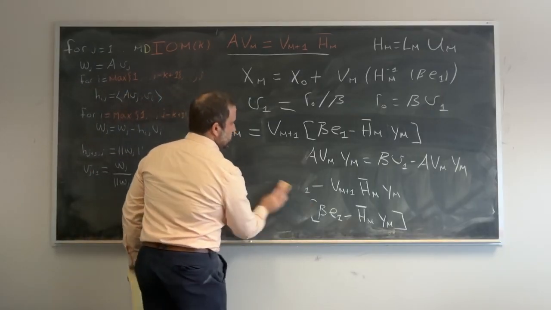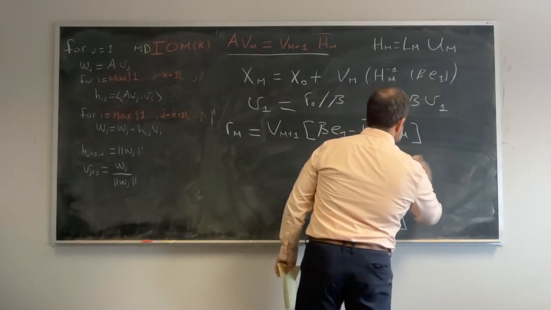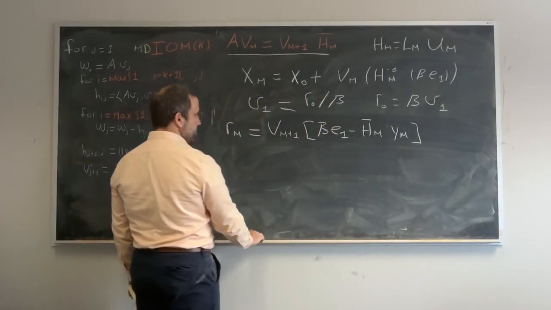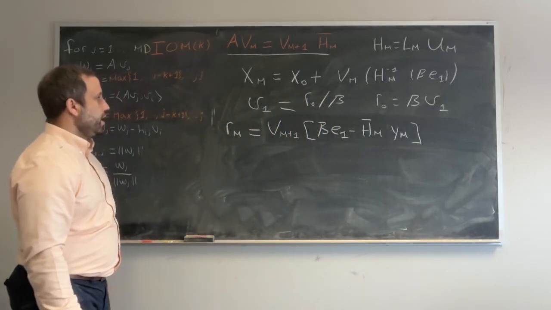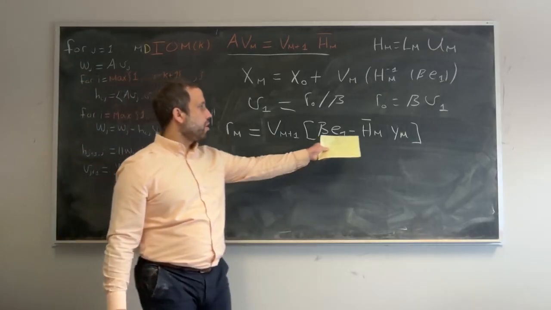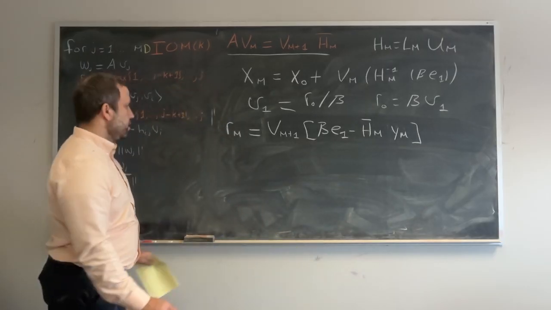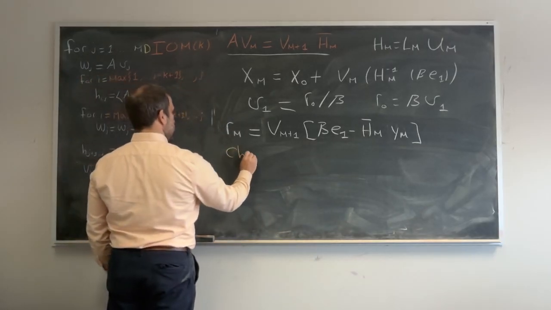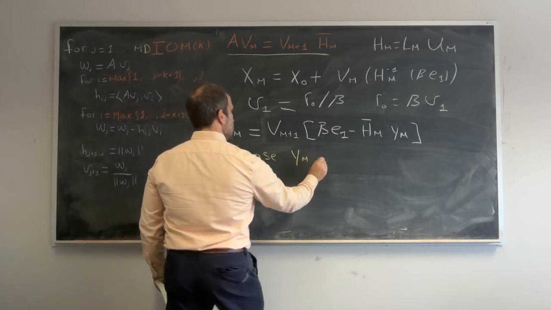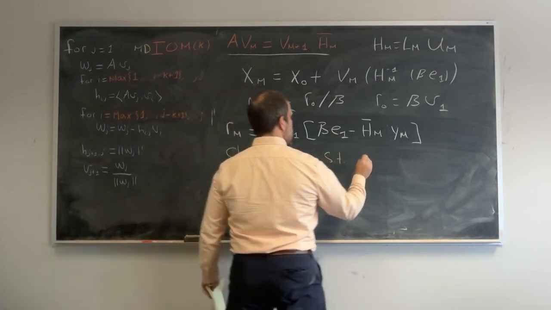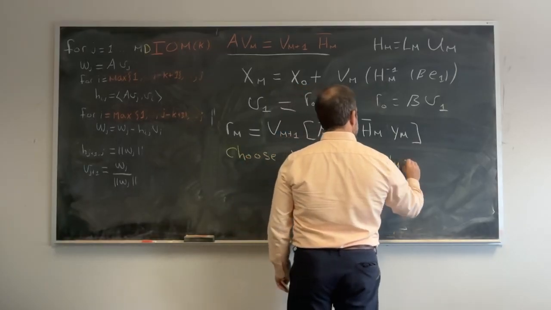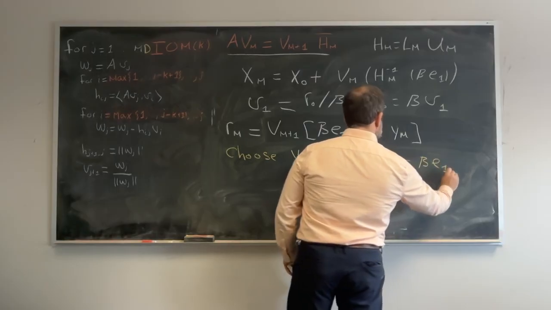So now what's happening here? H_m bar has m columns but m plus 1 rows. What we want to do is choose, and remember the top part of H_m bar is just H_m, so choose y_m such that H_m y_m is equal to beta e1.